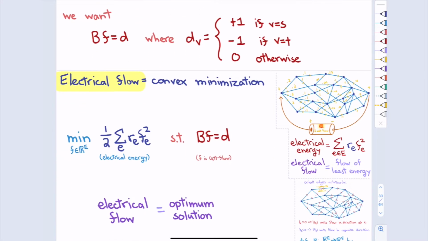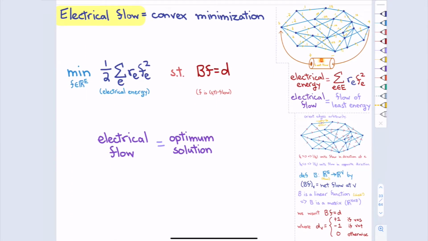Again, electrical flow is just this convex minimization. I'm just minimizing the sum of squares, the electrical energy, subject to a system of linear equations. At the end of the day, the electrical flow is just, in this context, the optimum solution.